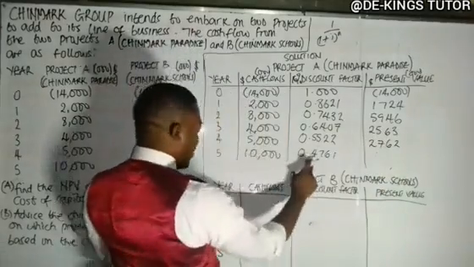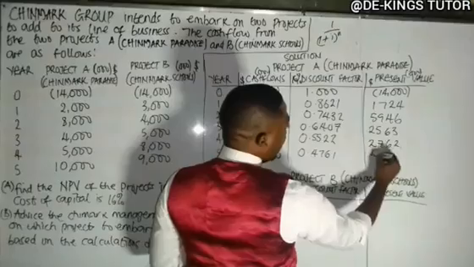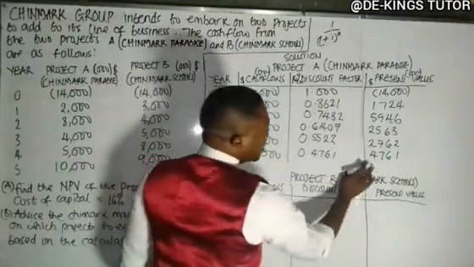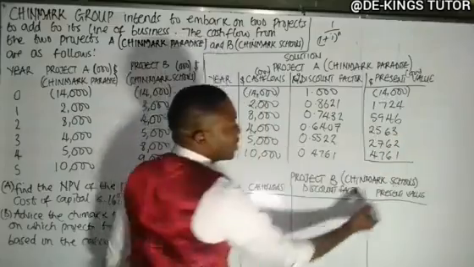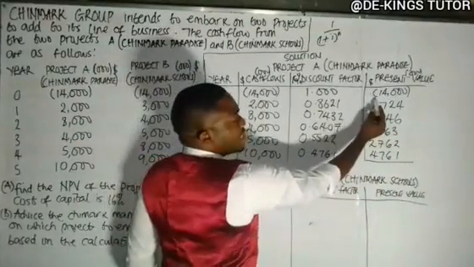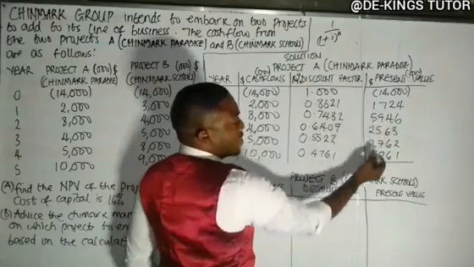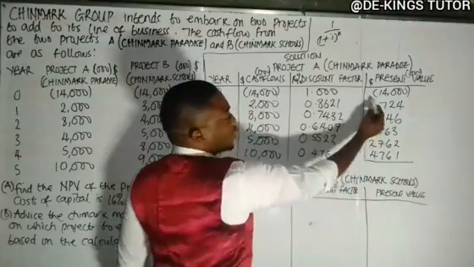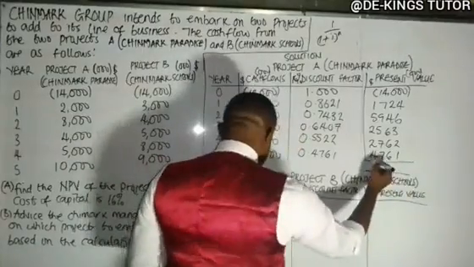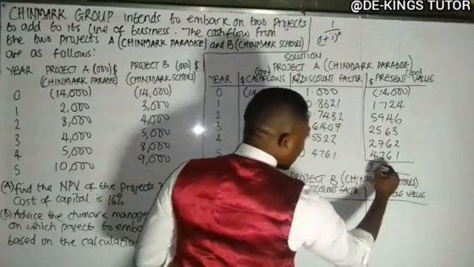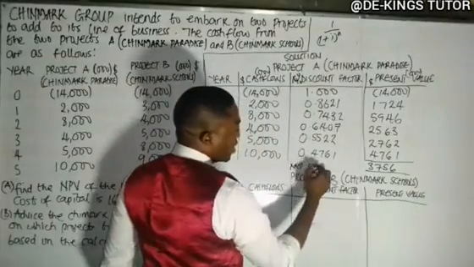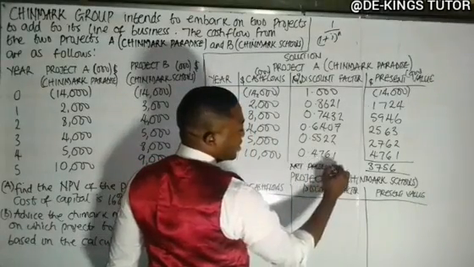And this multiplied by this will give us 4761. Okay, so what is the next thing to do? Now we are going to add all the streams of cash flow and deduct it. Remember, this is negative. Once you add all this and deduct it from the initial capital outlay, we are going to get the value as 3756. So this is what we call our net present value.